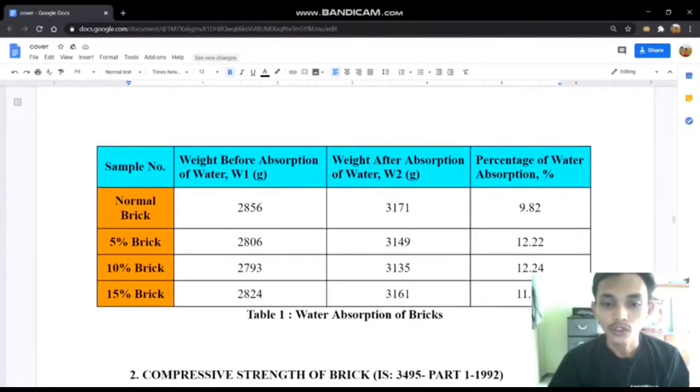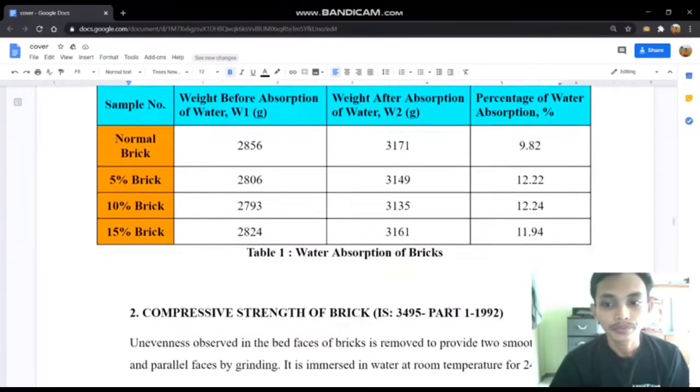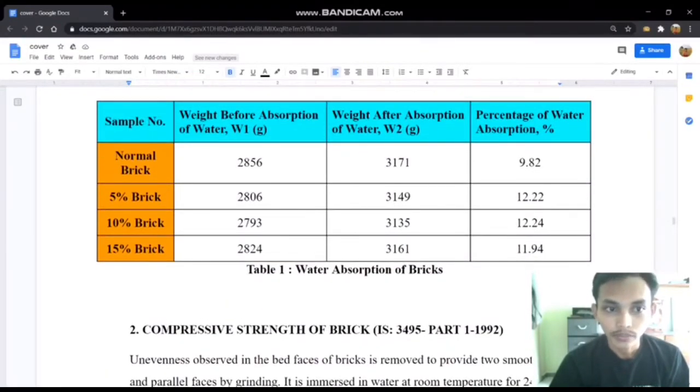For good bricks, we need bricks with a water absorption percentage below 24%. So we can conclude that the bricks with coconut fiber are still manageable, below the 20% mark.